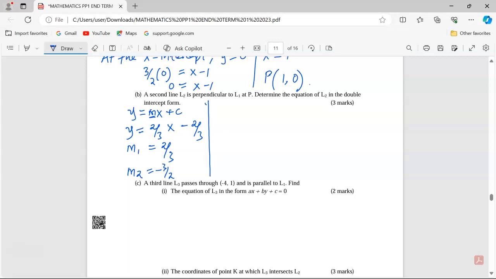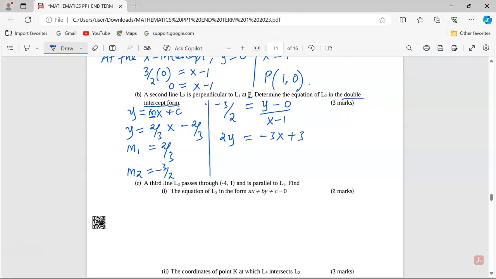So now we can express the gradient so that we get the equation -3/2 equals change in y, so y minus 0, remember the line is passing through P, over change in x, x minus 1. Then we can cross multiply to have 2y equals -3x plus 3, because 3 multiplies x and -1, and 2 multiplies y. Remember, we are expressing the equation in the double intercept form.